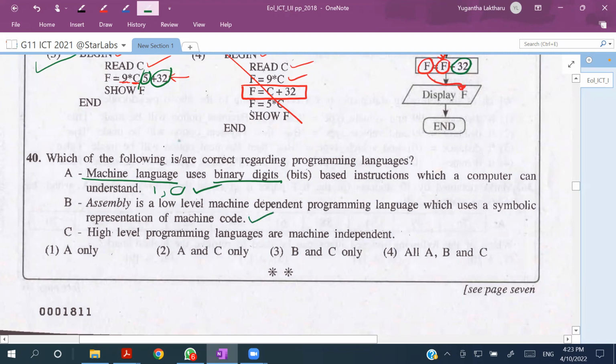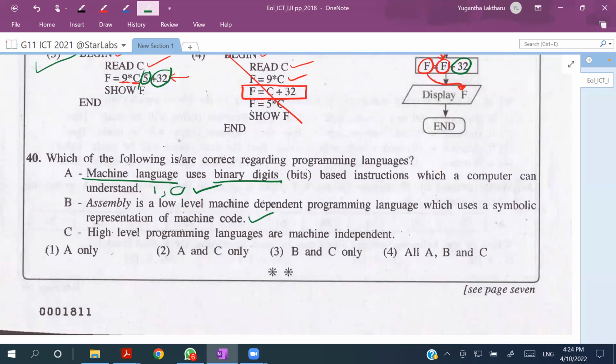Yeah, that is also correct, because there are only two types of low-level languages, which are the machine code and the assembly code. Assembly code has a limited amount of symbols, and it is very similar to machine code. The only difference is that instead of ones and zeros, they are represented using small symbols and some instructions, right?